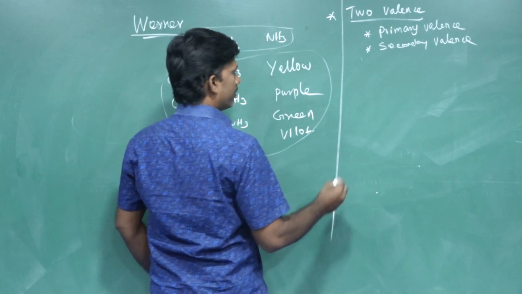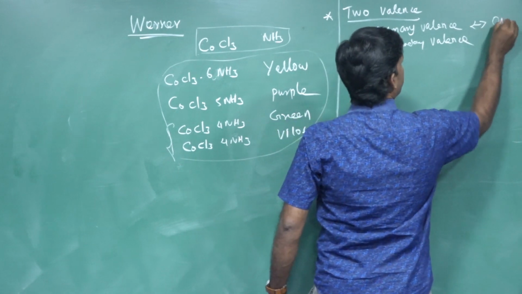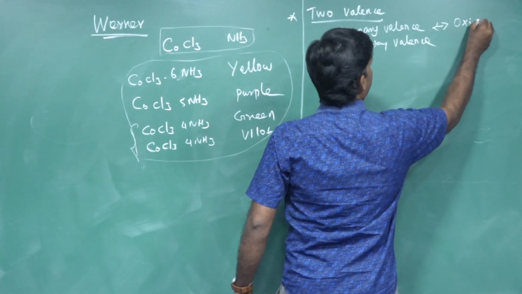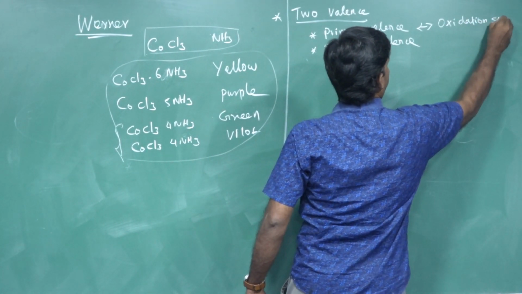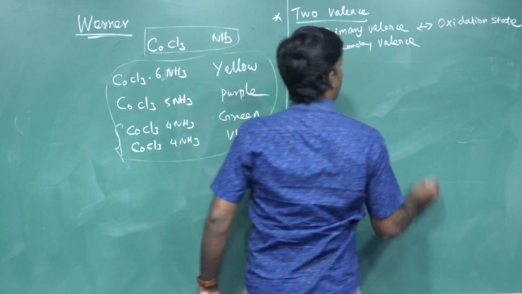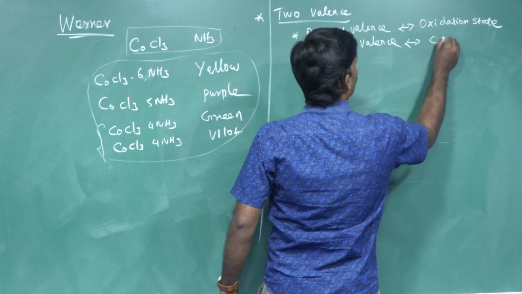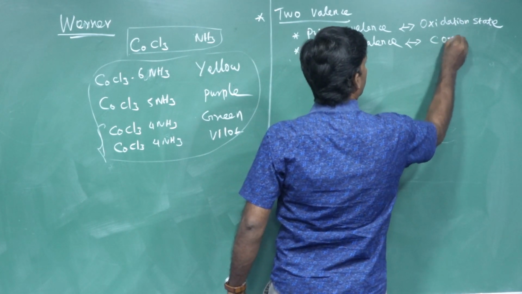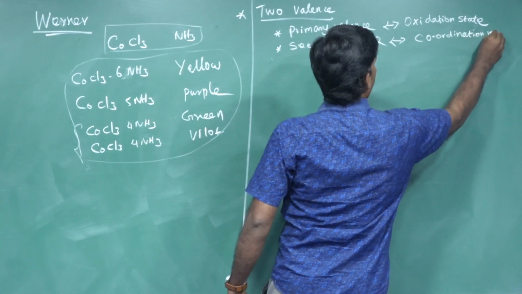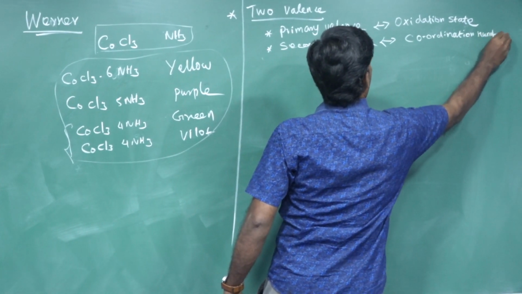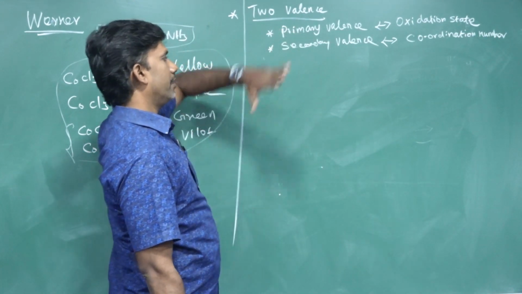What is the primary valency? Primary valency is related to the oxidation state, whereas secondary valency is related to the coordination number. The definitions of oxidation state and coordination number we will see in detail in the next class.